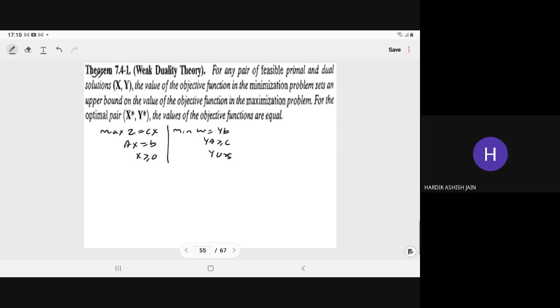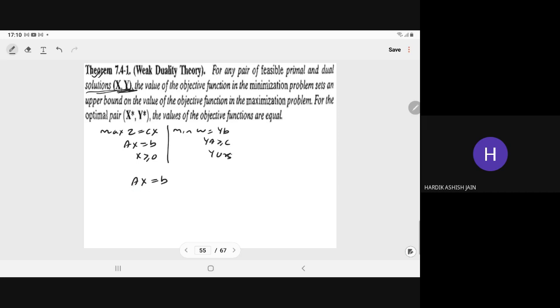So now it is given that x and y are feasible solutions. Here we have taken the feasible solution Ax = b. Feasible solution means the solution which satisfies the constraints. So the feasible solution is Ax = b and x ≥ 0, non-negative.